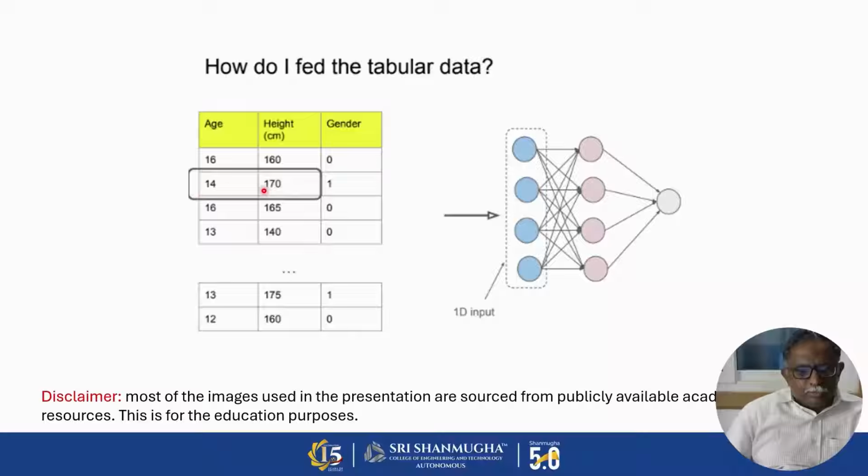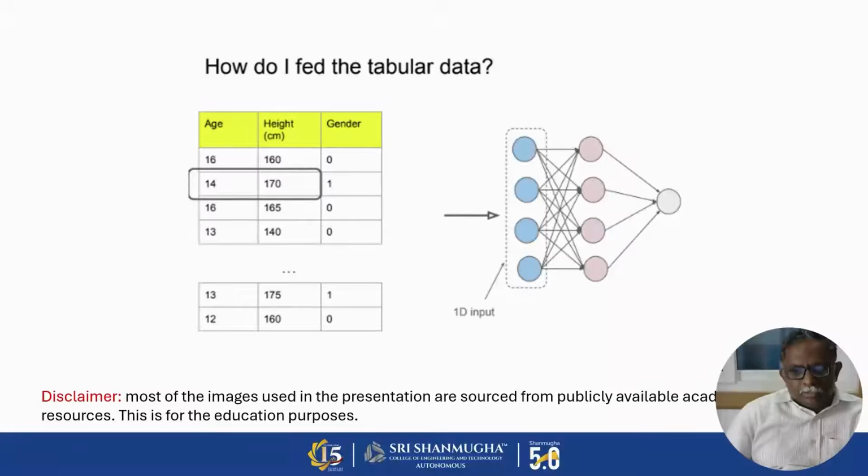If you feed this into the multi-layer perceptron, which has one hidden layer, you can get some output that can be compared with the real one. But the image that we have seen in the last slide consists of many values.